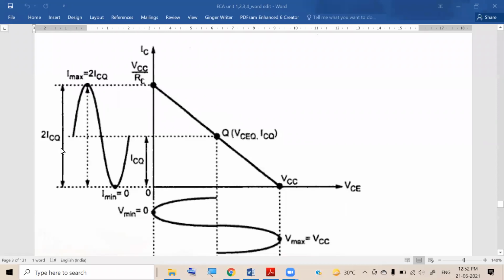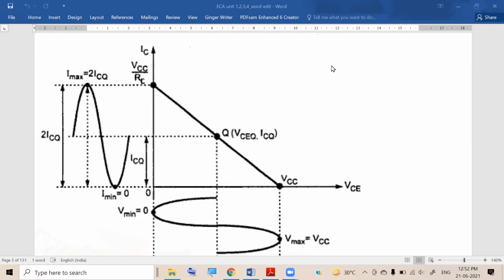But how are we getting that? What is the general formula in terms of Imax and Imin? Imax minus Imin. Very correct answer. So the peak to peak collector current will be Imax minus Imin. Peak to peak collector voltage will be what?